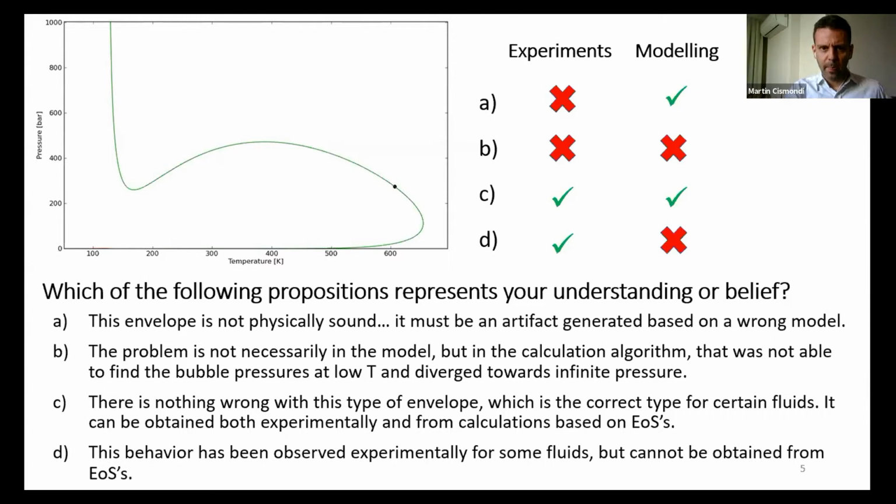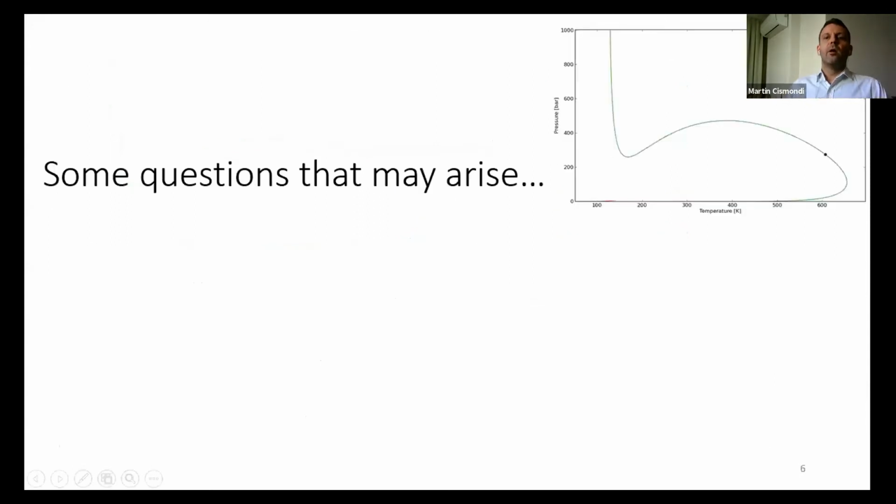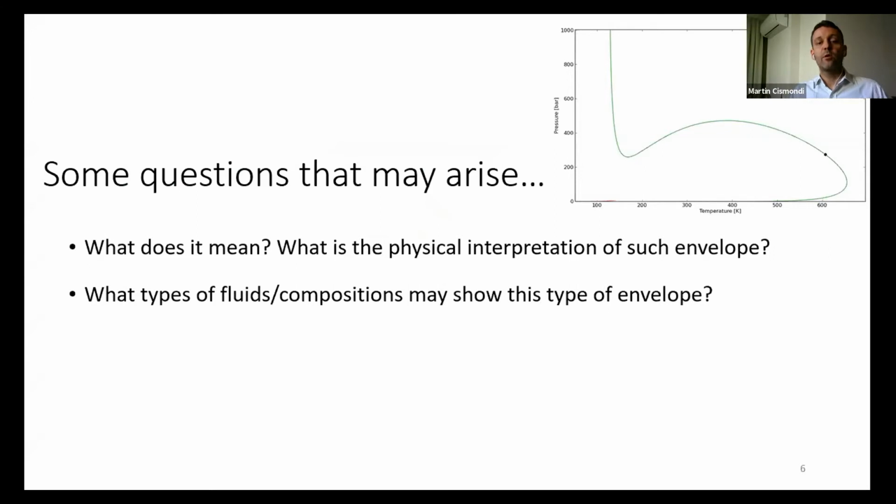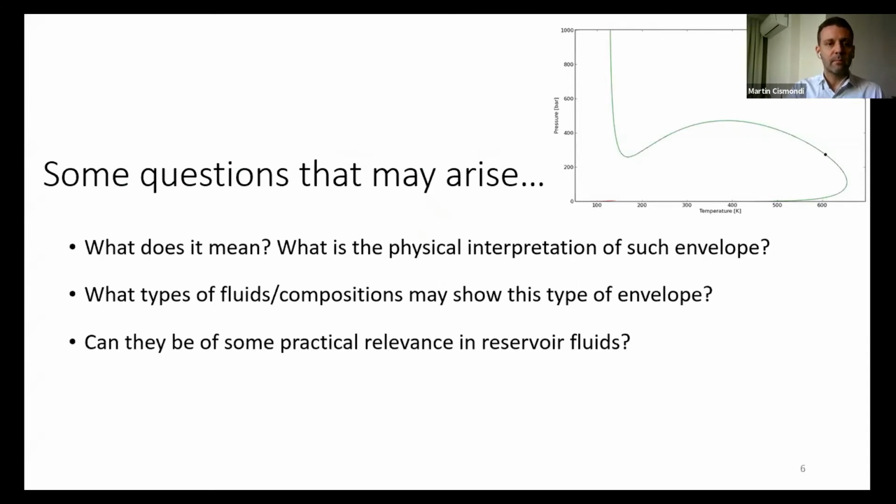So, I can go on. So once we accept that there's nothing wrong with this phase envelope, some questions that may arise, I think, are the following. First of all, what does it mean? So what is the physical interpretation of such envelope? Then what type of fluids or compositions may show this type of envelope?